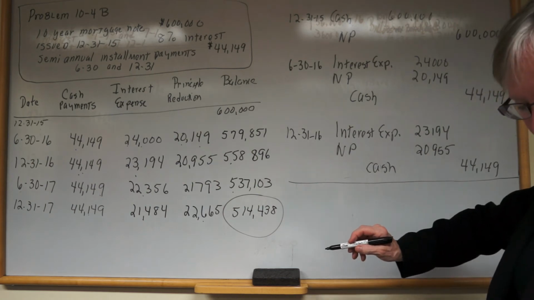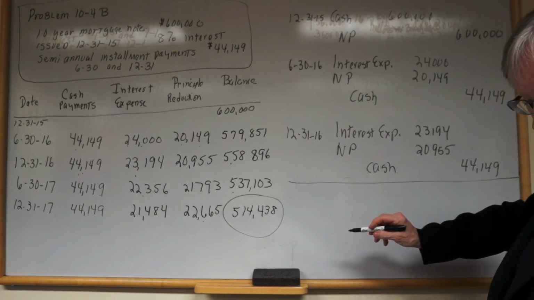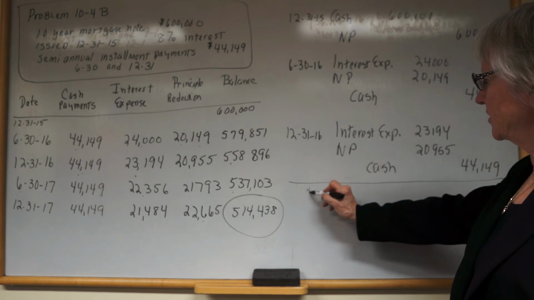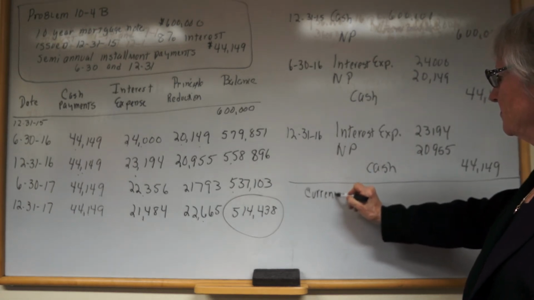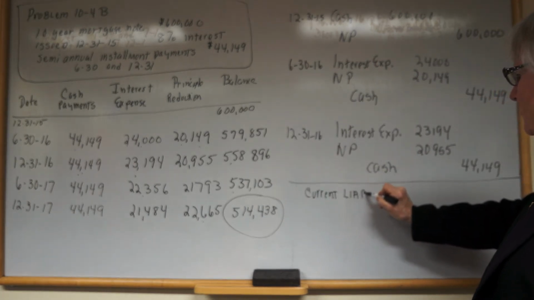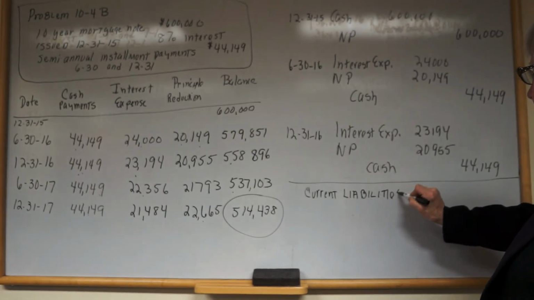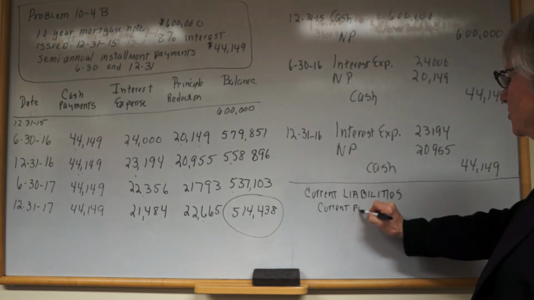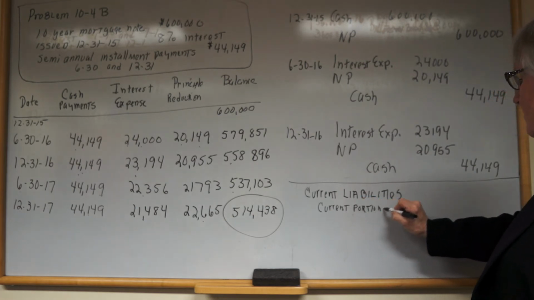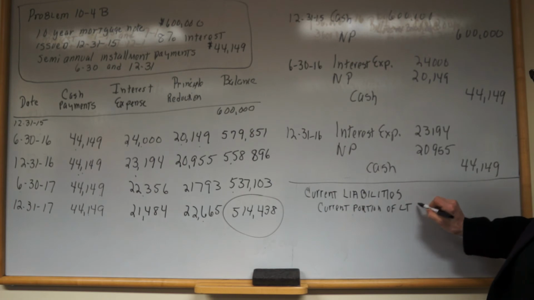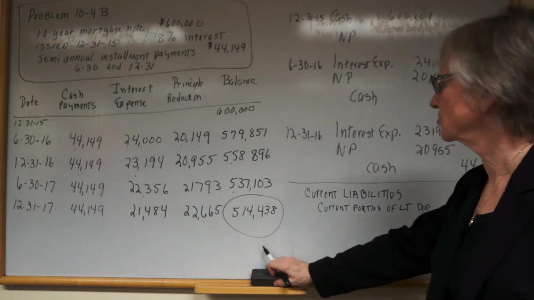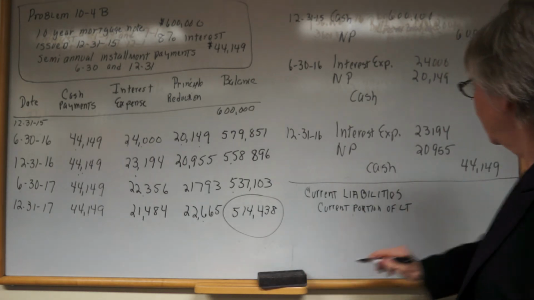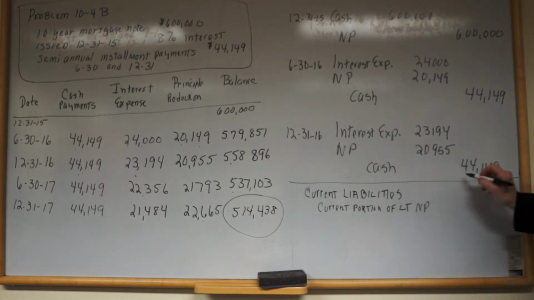Okay, so we would have current liabilities on our balance sheet, and we would have, remember, the current portion of long-term debt, or long-term note payable. And that would be the payment that's coming due fairly soon, the $44,149.